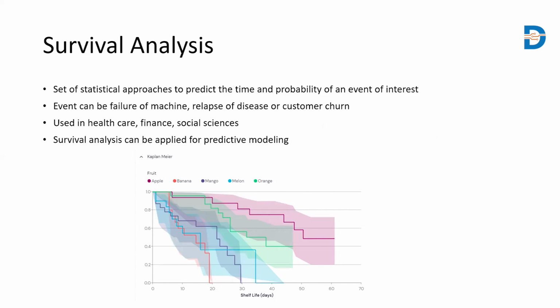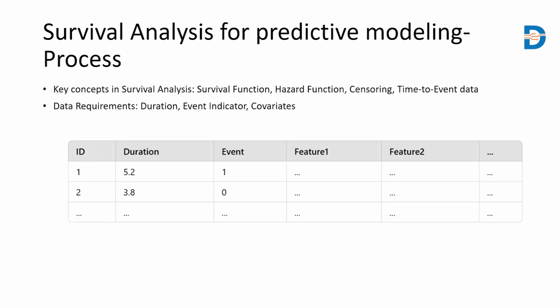Implementing survival analysis for predictive modeling involves several steps, from understanding the key concepts and how they can be applied in predictive modeling to deploying the final model. So, the different things that we need to understand before we get into survival analysis start with the survival function.